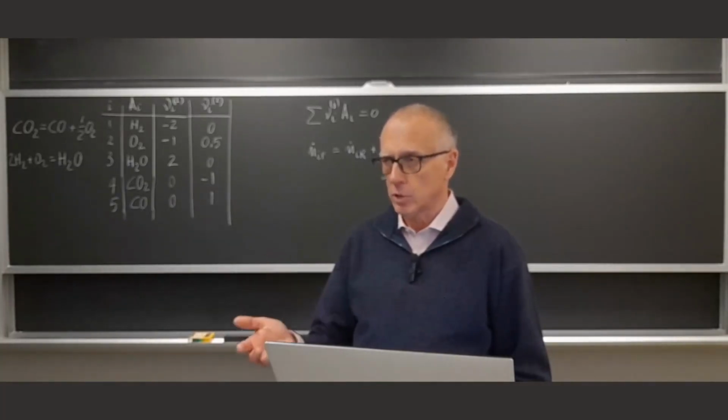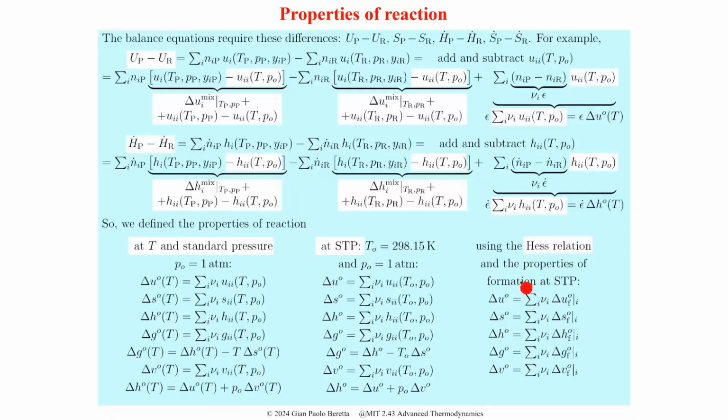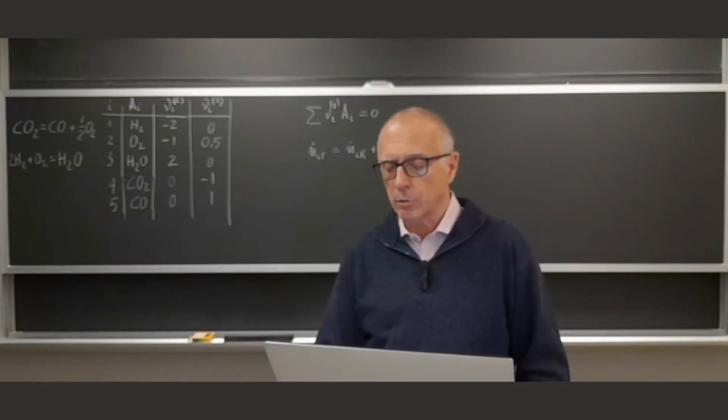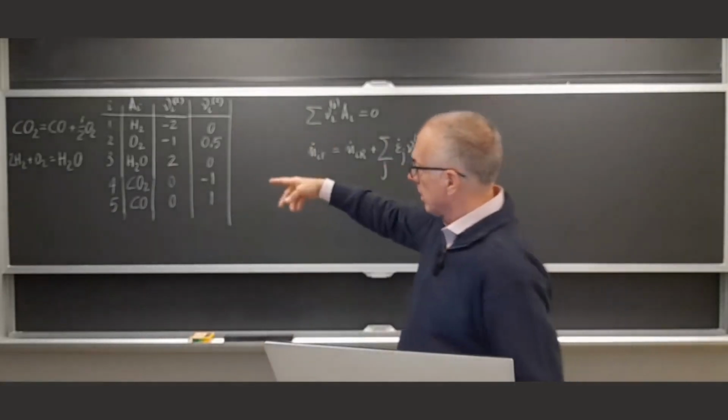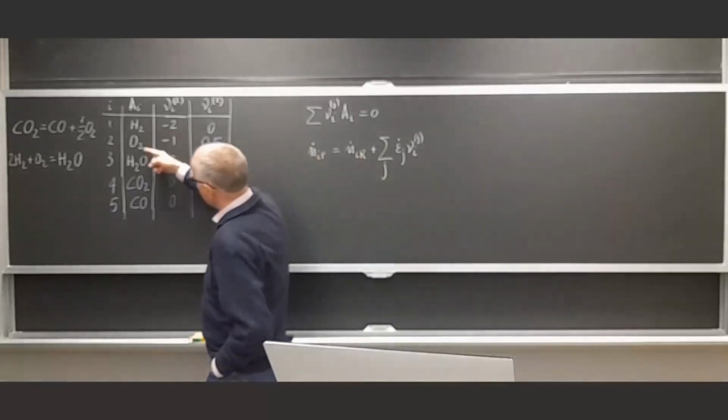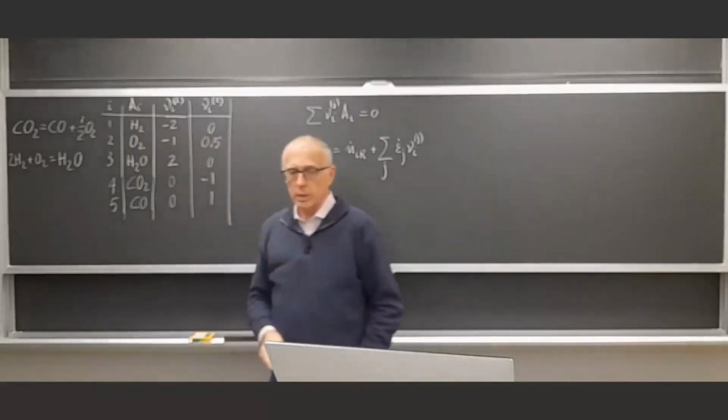Once you have those, using these S relations, you can find the properties of reaction for any reaction by just taking the weighted sum, with the stoichiometric coefficients of your reaction, of the reactions of formation of the various molecules that play in your reaction.